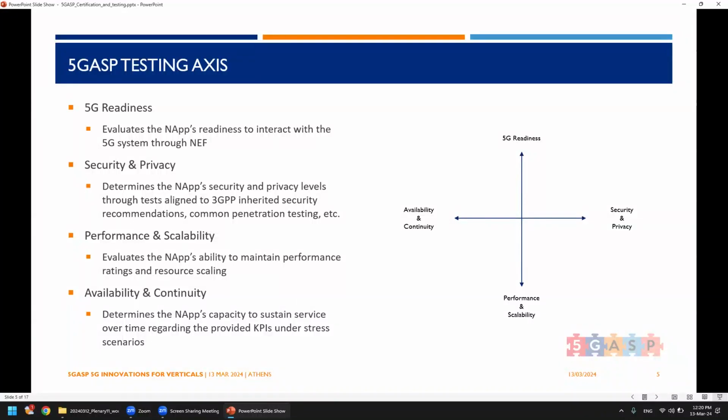These circumstances could be the application of bit error rate, specific throughput restrictions, latency restrictions, etc.